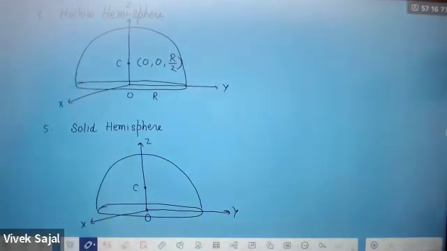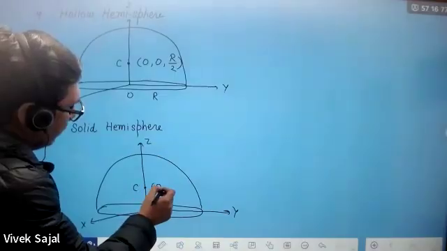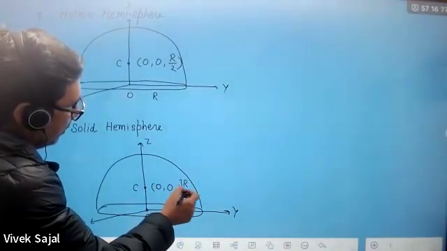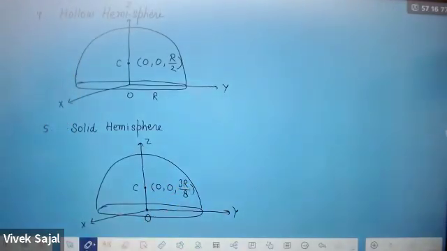So in case of solid hemisphere, this will be 0, 0, and 3r upon 8. So in case of hollow hemisphere, it will be at r by 2. In case of solid hemisphere, it will be at 3r by 8.